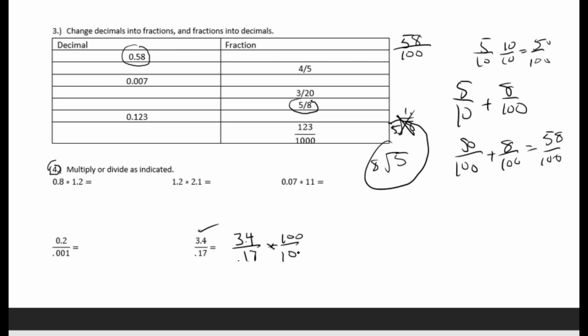Anytime you multiply by 1, it doesn't change the number, it just changes the look of it, right? So moving this twice, I'm going to get 340 divided by 17. That's moving it twice. So this is going to be 34 divided by 17 is 2 with 1 0.